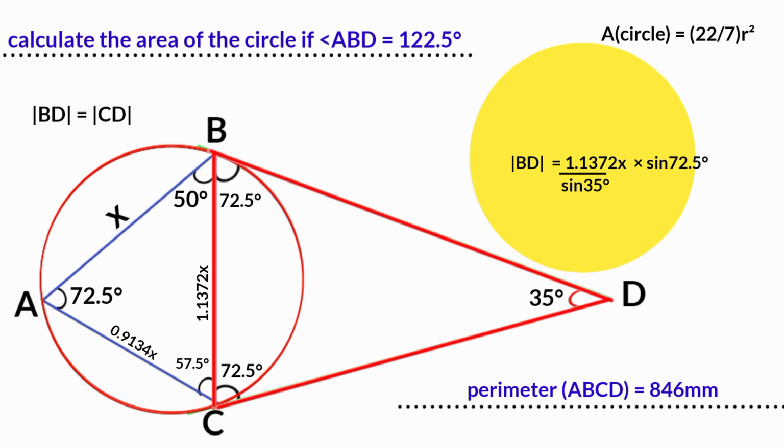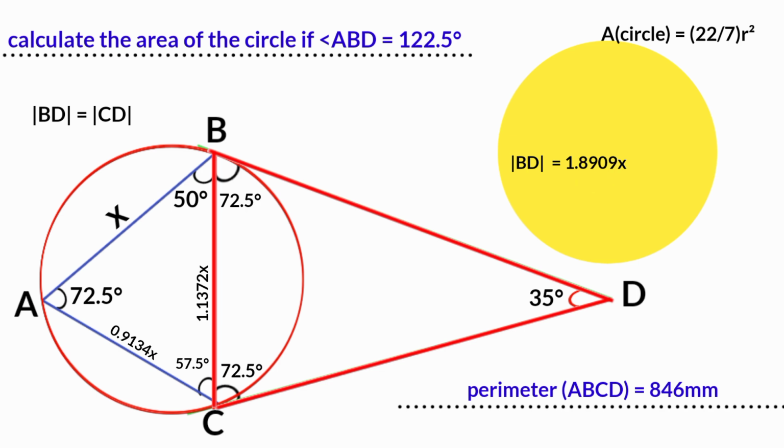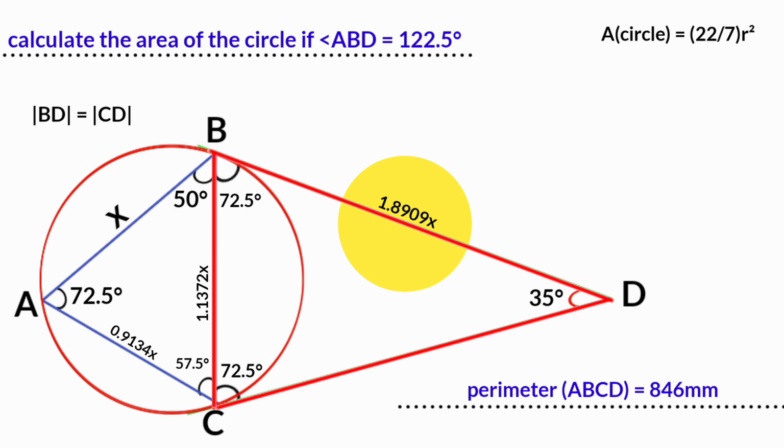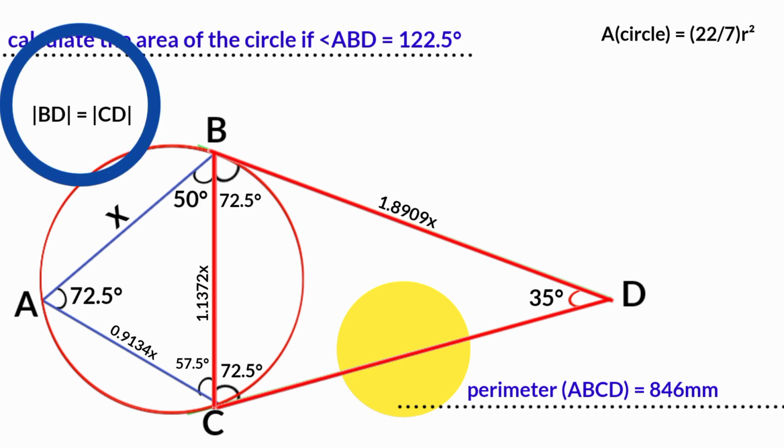So line BD equal to 1.1372x all over sine 35 degrees all multiplied by sine 72.5 degrees. If you simplify this also, line BD will be equal to 1.8909x. So this line BD is 1.8909x in length. But recall, this line CD is also the same length as line BD. So that is, it is also 1.8909x in length.